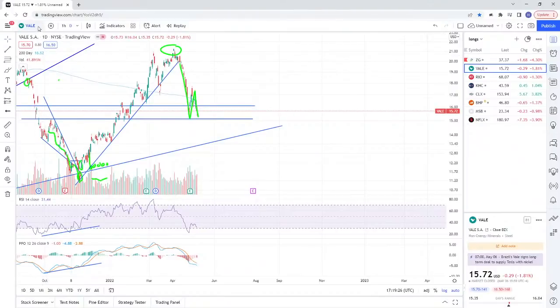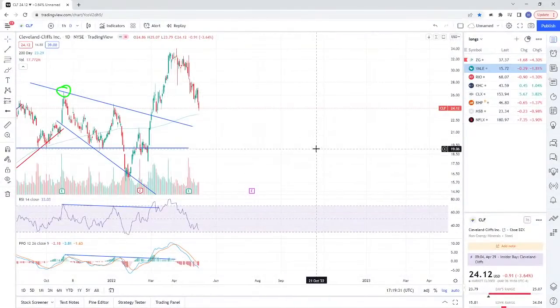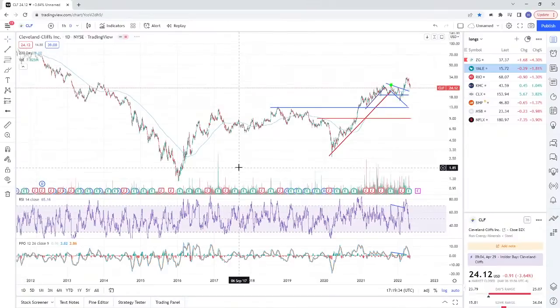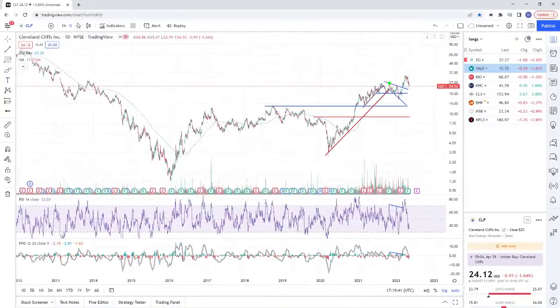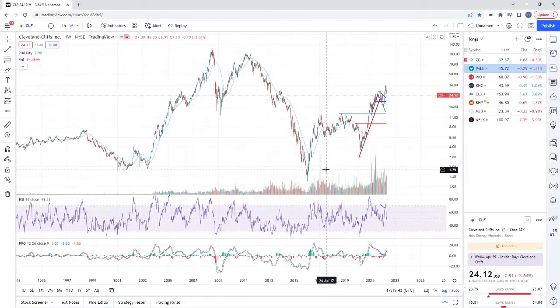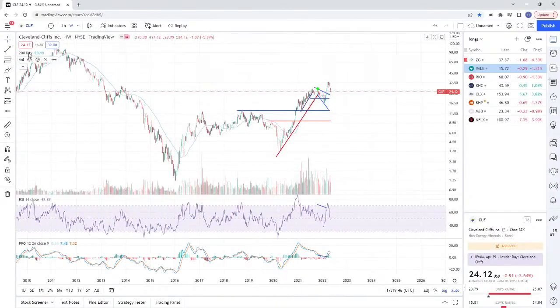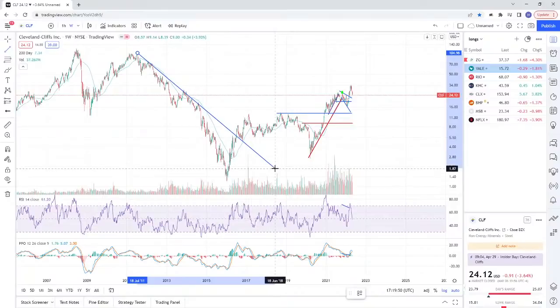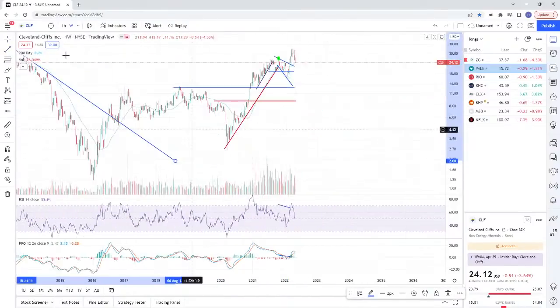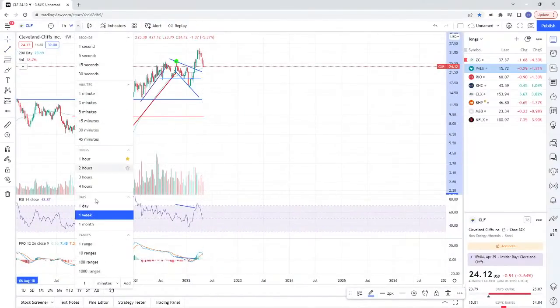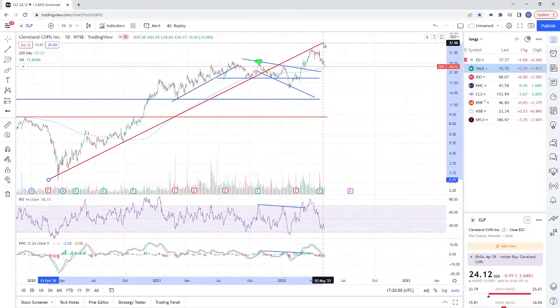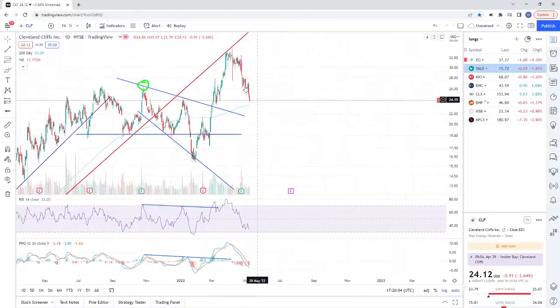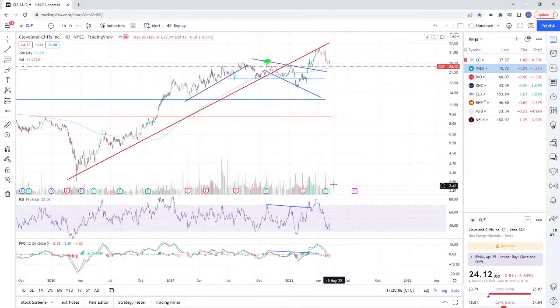CLF. Is that rail? Oh, this is one of those pump stocks. Wasn't this some crazy pump stock? Let me look. So it hit resistance, rejecting.